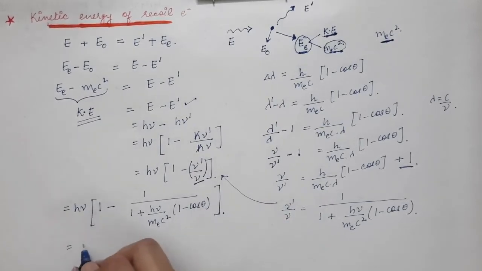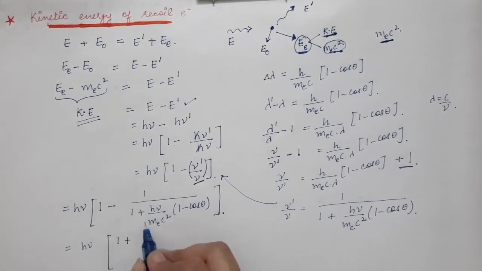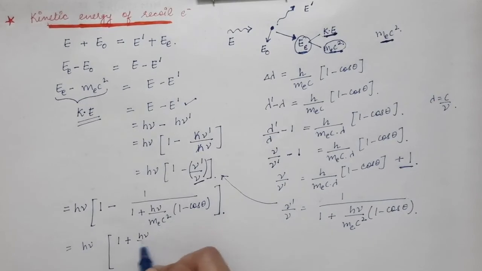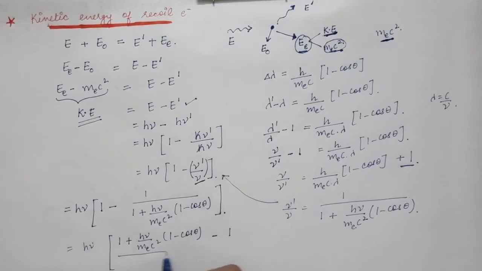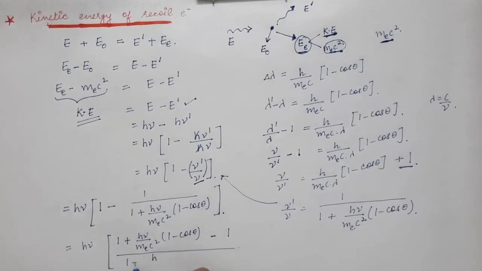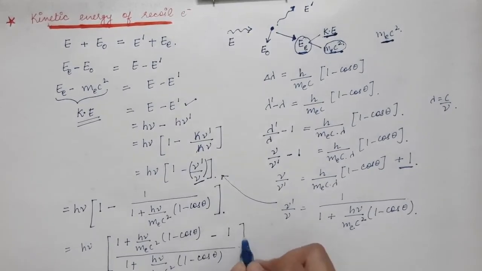So when you solve it, taking the LCM, you will have 1 plus h nu by m_e c squared into 1 minus cos of theta, minus 1, over 1 plus h nu by m_e c squared into 1 minus cos of theta.